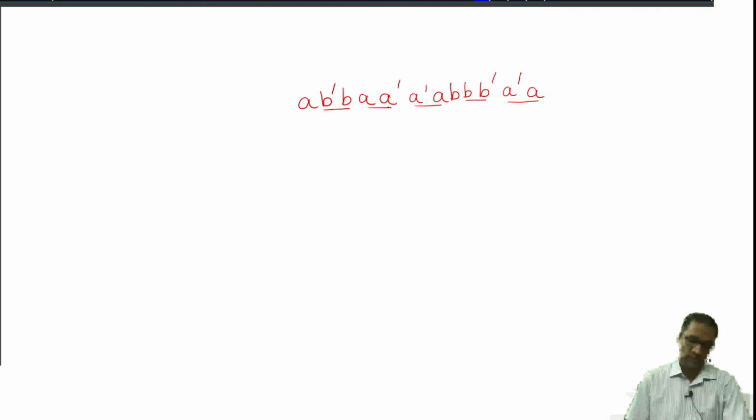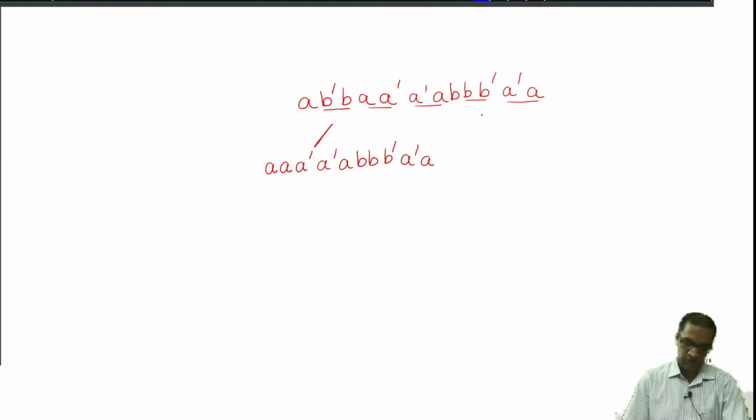So I can of course apply my rewriting rules one at a time. So when I apply my rule, this guy becomes, for example, let me collapse the first pair. So this then becomes a prime a, b prime, a prime a.